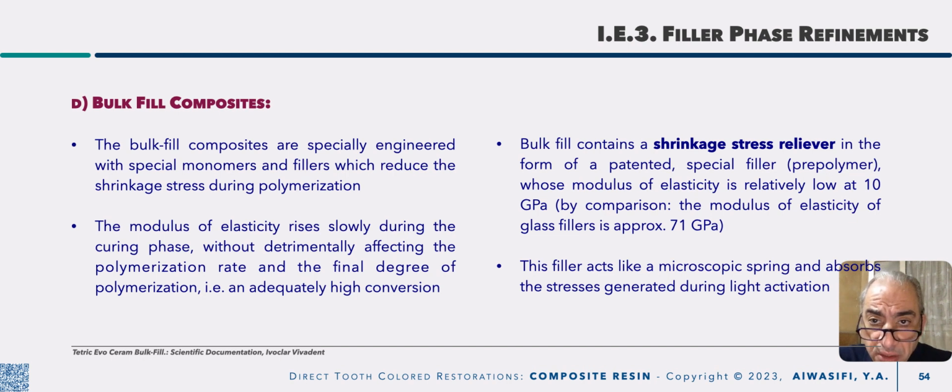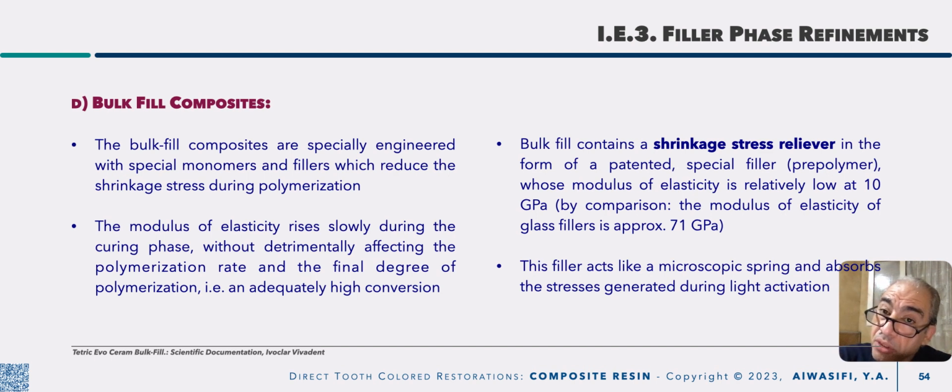You know that, as we mentioned before, the light could penetrate properly 2 millimeters of the bulk of composite that will respond positively in a good rate of conversion to this depth of curing.